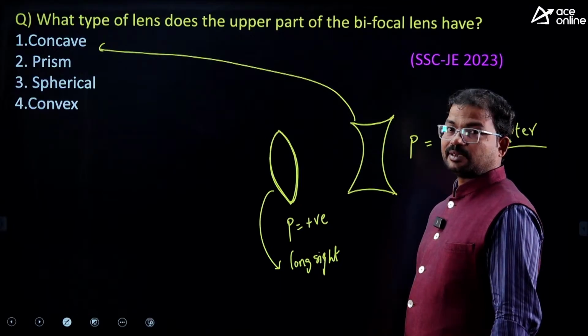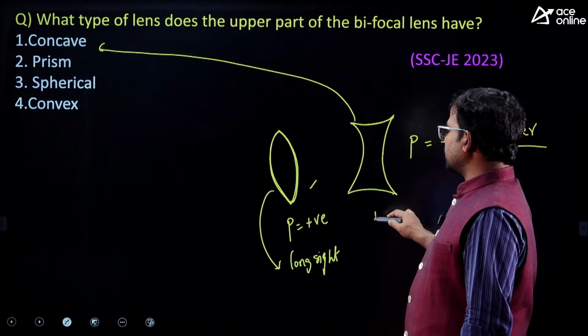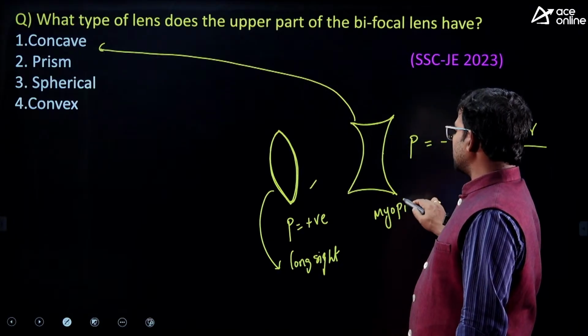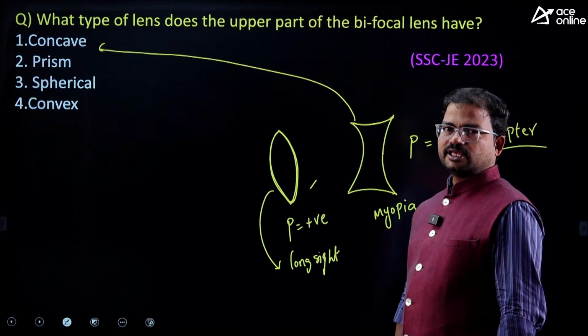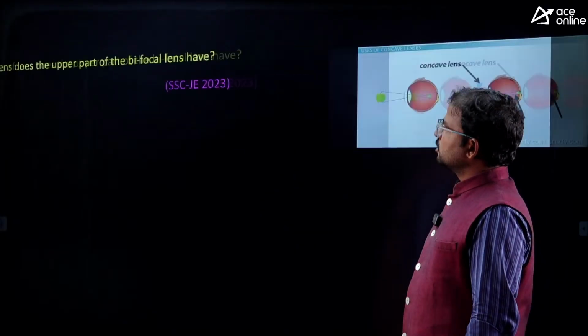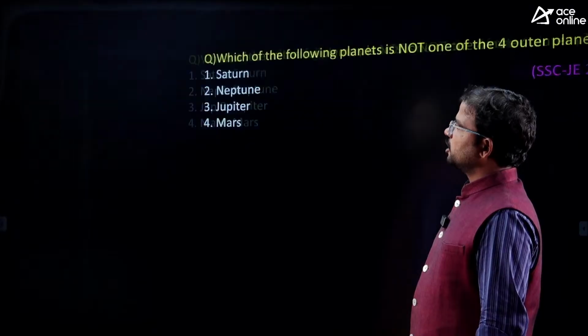Concave lenses are used for myopia, near-sightedness: near objects are visible, far objects are not visible.